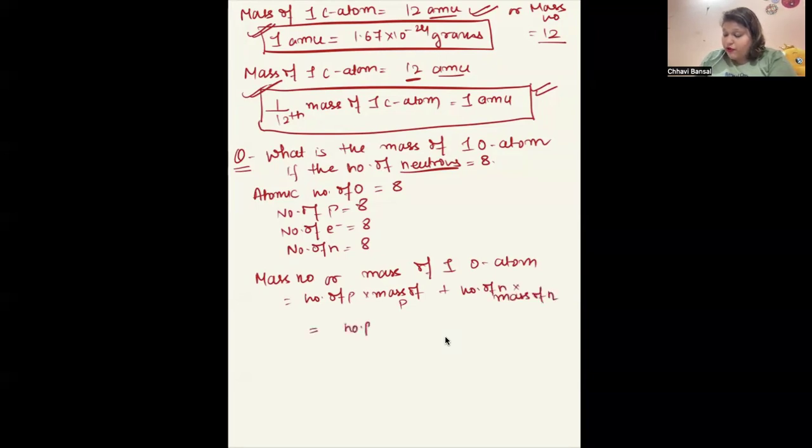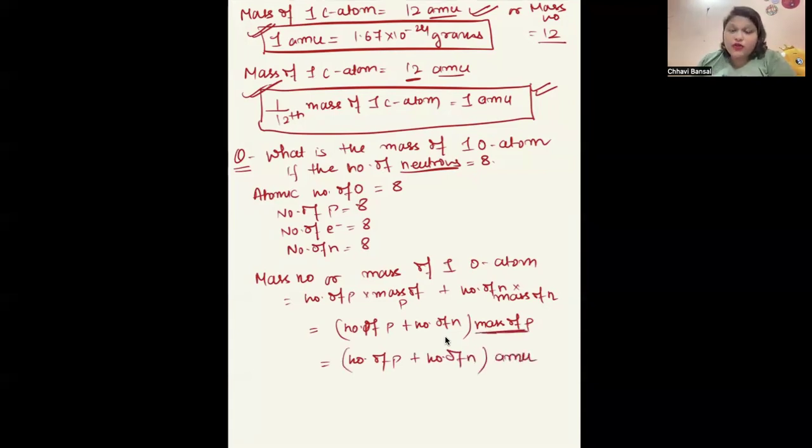Which is equal to number of proton plus number of neutron into mass of proton, which is equal to what? Number of proton plus number of neutron into AMU, right? Can I replace the mass of one proton with one AMU, right?